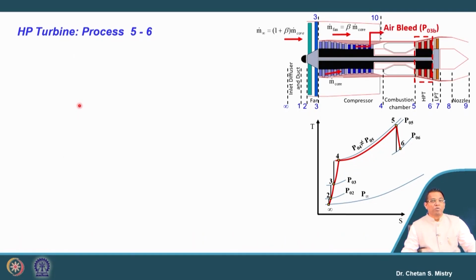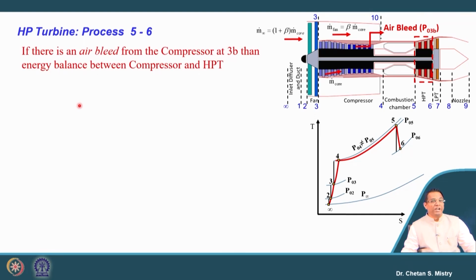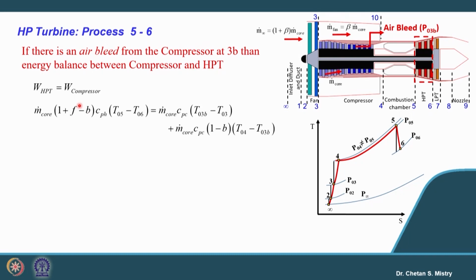Now, suppose we have the bleed configuration, can you write down the equation for the work balance? Let us see how good you are in terms of your understanding here. So, here we are writing the equation for the work balance. In this work balance equation, you can see that the formulation changes with a minus B here.